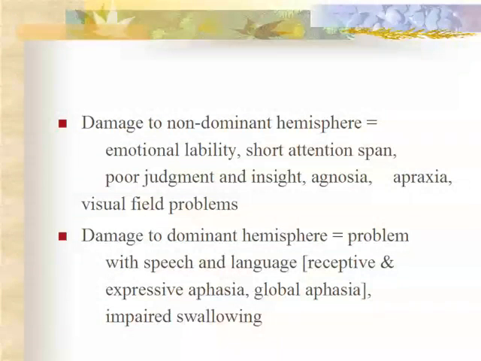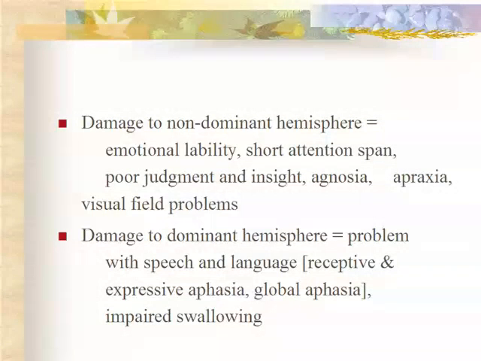Short attention span, poor judgment and insight, agnosia, which is a change in your spatial orientation, or change in perception, can cause unilateral neglect where you ignore one whole side of your body. Apraxia is the inability to perform a learned movement voluntarily. And you may have visual field problems, where you only see half of a field in each eye.